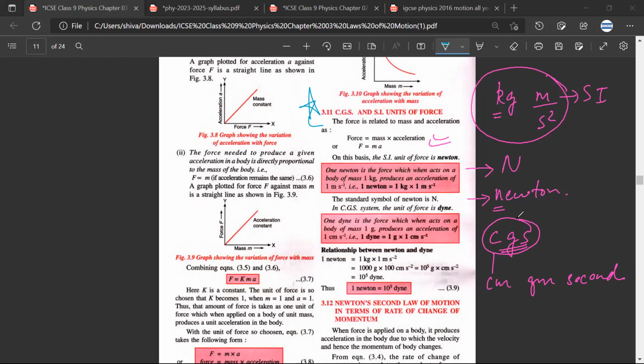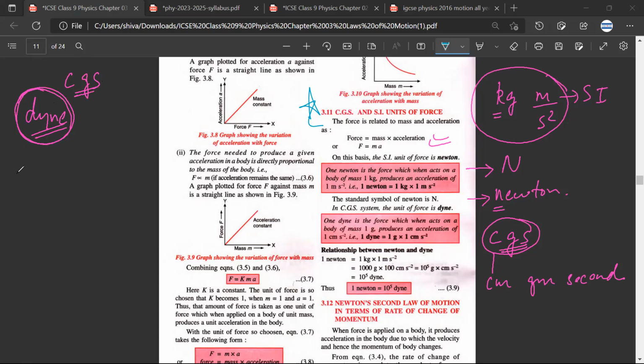But you may need to understand this in class 11th if you take physics. The unit which is used instead of Newton in the CGS system is Dyne. This is just for your common knowledge.